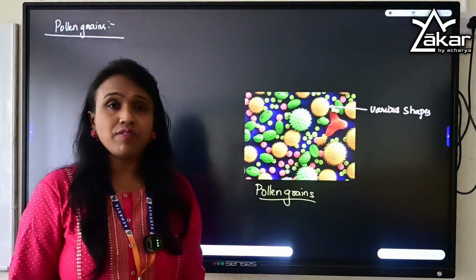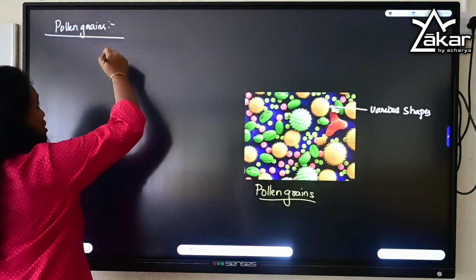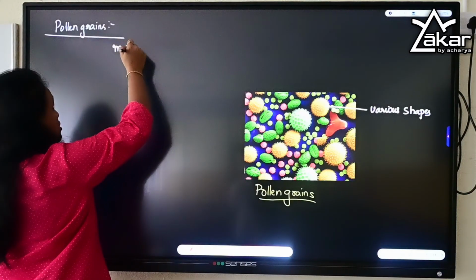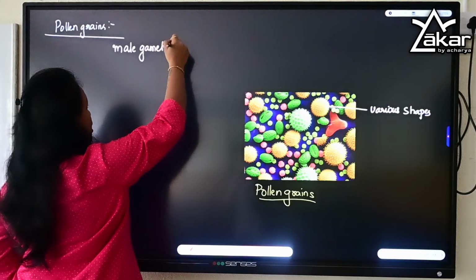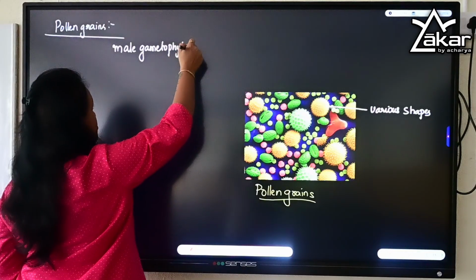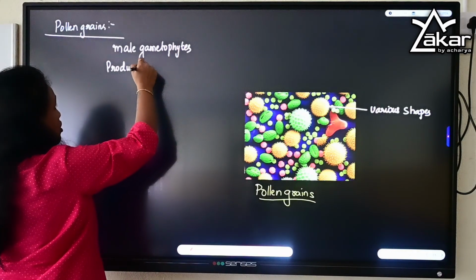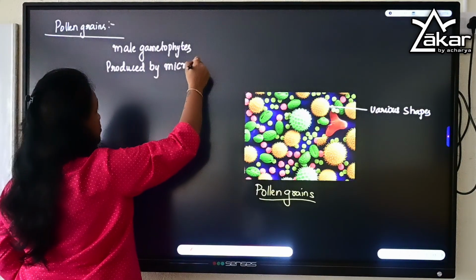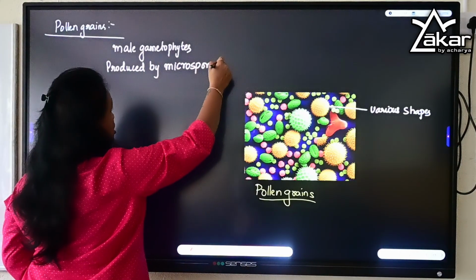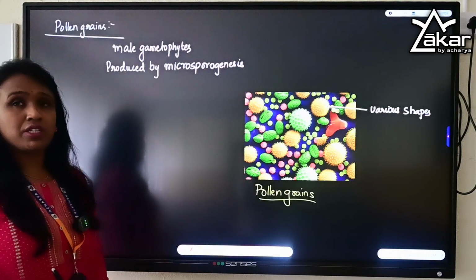In this session, we are going to study all about pollen grains. So, pollen grains are male gametophytes that are produced by microsporogenesis, which we studied in detail in the previous class.